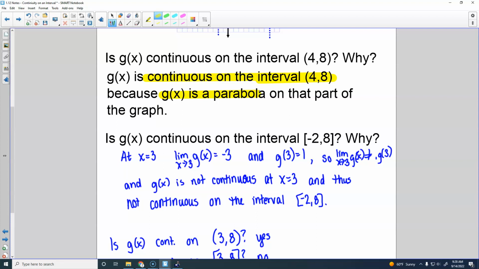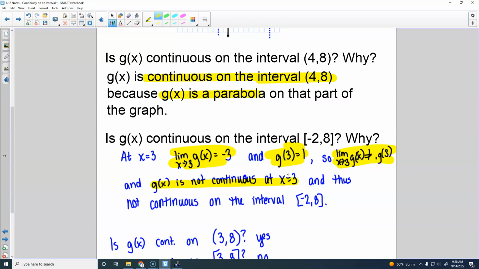In that second one, your essential information is you're going to have to somewhere show that this limit equals -3, or G of 3 equals 1, and therefore they're not equal to each other. And you must make the conclusion that G is not continuous at X equals 3.